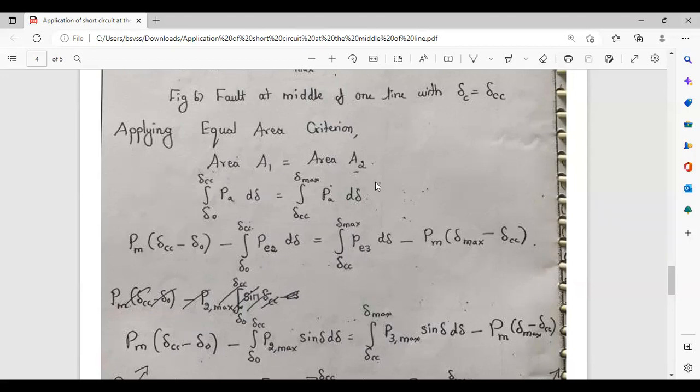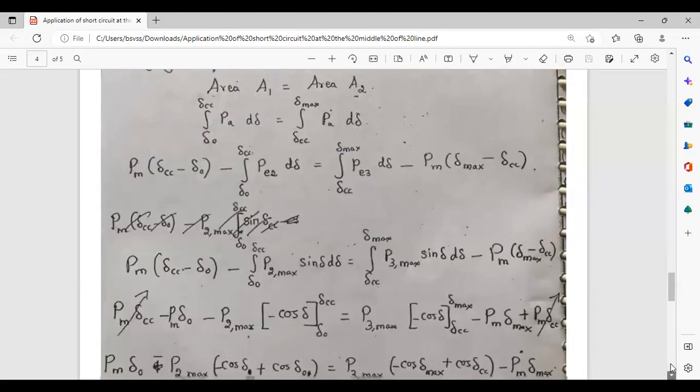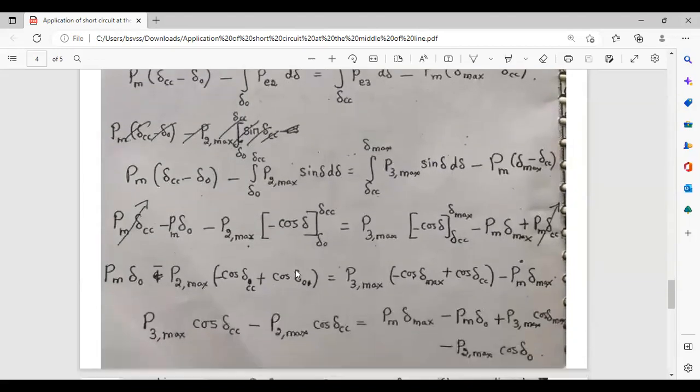So in the decelerating area, which power will be the maximum? The output power PE will be higher than the value of PM, the mechanical power input. So the formula becomes PE minus PM into d delta. So here PE becomes PE3 into d delta minus PM into, you can apply the limits delta max and delta CC. Now again, you have to apply the value for PE2.